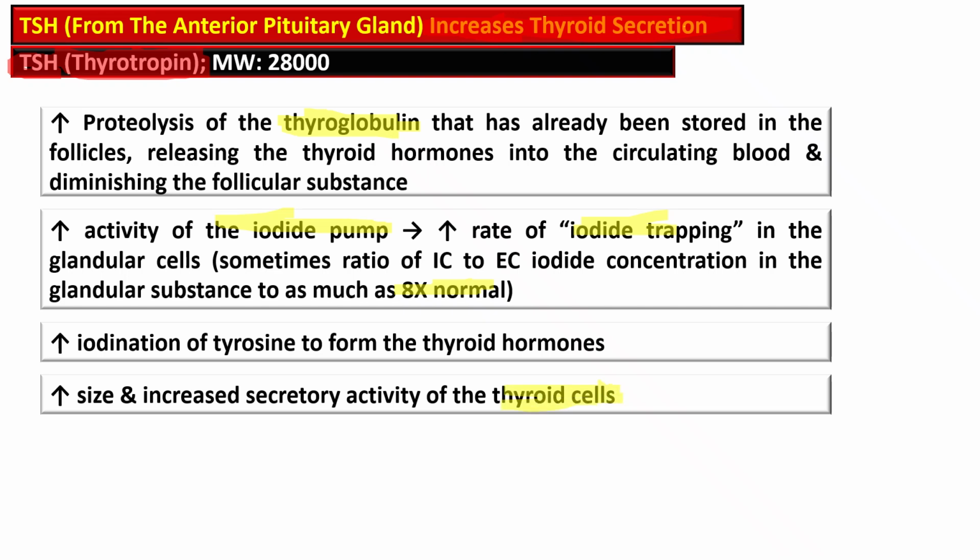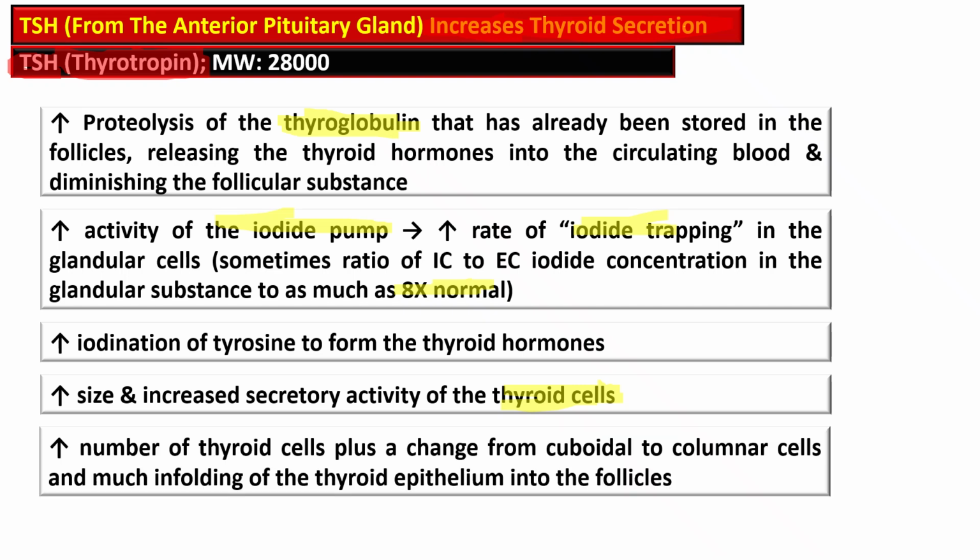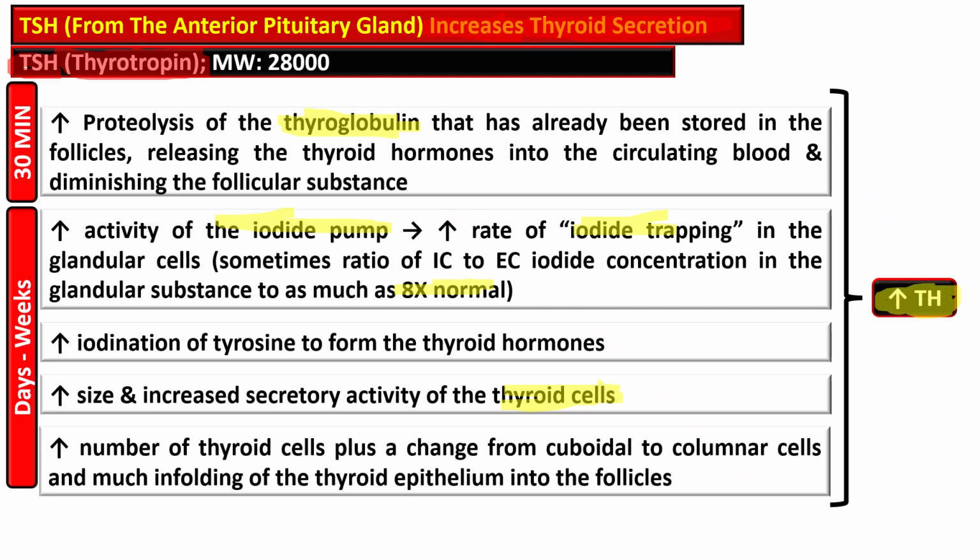Cells become more functionally active, and there is increased number and morphology changes in thyroid cells. The cuboidal cells become columnar with enfolding of the follicular epithelium, and then the thyroid gland becomes hypertrophied. So all these actions lead to increased thyroid hormone secretion.